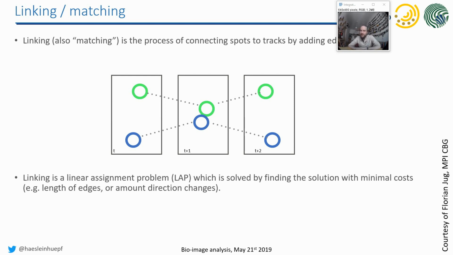We call this situation a so-called linear assignment problem, LAP. And finding the solution with the minimal costs is a computationally quite complicated problem. I will not go deeper into algorithms doing that. But you should know that this is what is expensive when the computer does the processing of a data set for tracking.